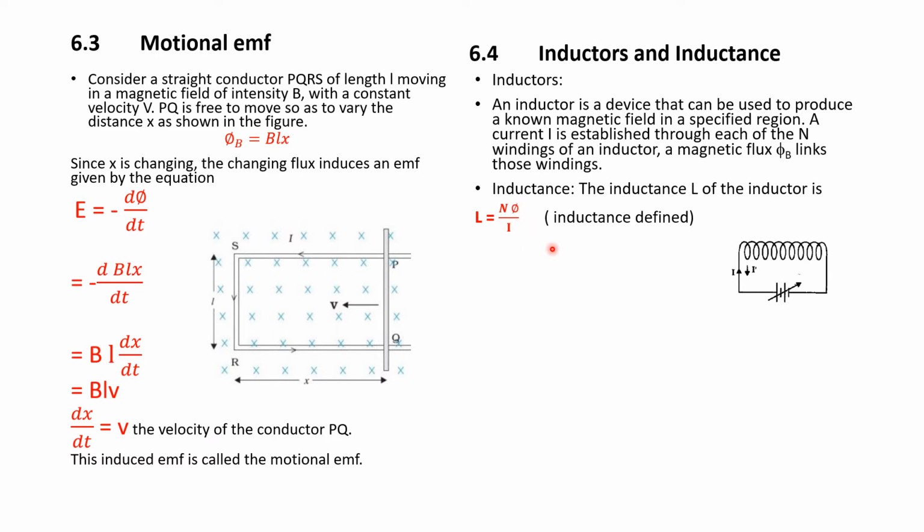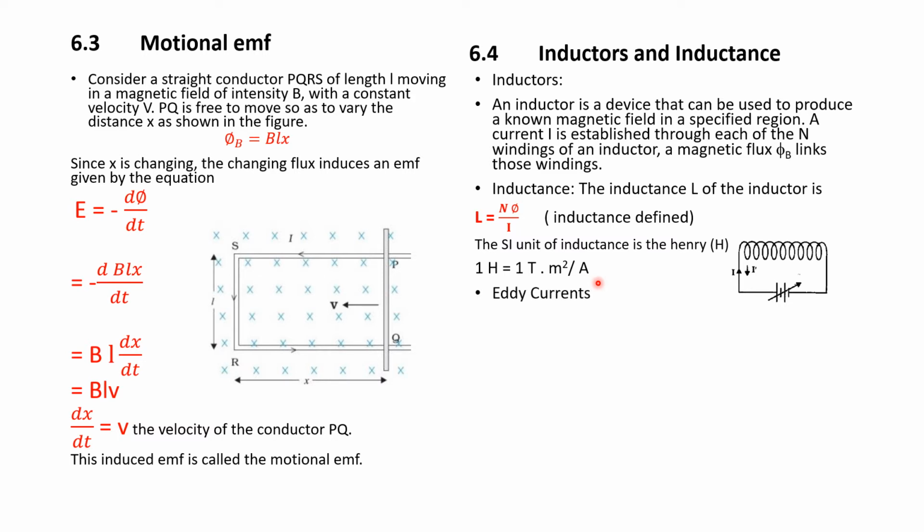This is the definition of inductance. The SI unit of inductance is the Henry, with symbol H. 1 Henry is equal to 1 Tesla meter squared per ampere.